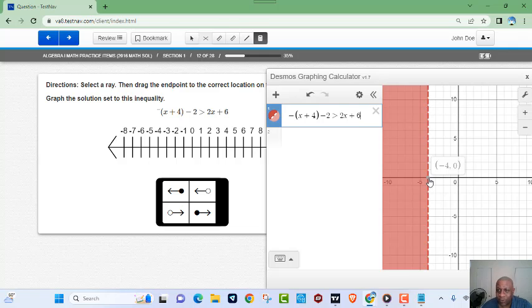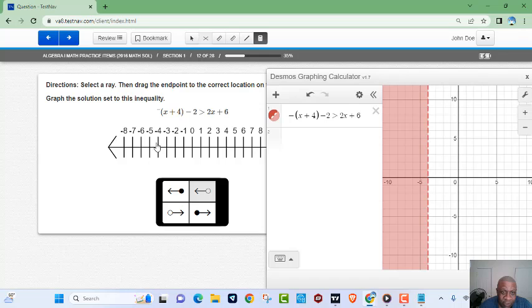Okay, so this time Desmos is shading to the left, and it looks like it's at -4. So it looks like the answer then is x is less than -4, because everything less than -4 is shaded. So less than is going to be an open circle here. And I'll take this and drag it, if it will allow me to do so.